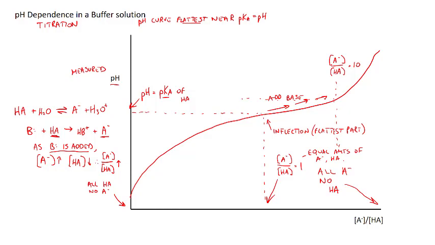If you were to follow that over to the pH axis, you would find that the pH is equal to the pKa plus 1. That's due to the Henderson-Hasselbalch equation. And what do we notice at this point where the A minus over HA ratio is 10? We notice that now our pH curve gets steeper.